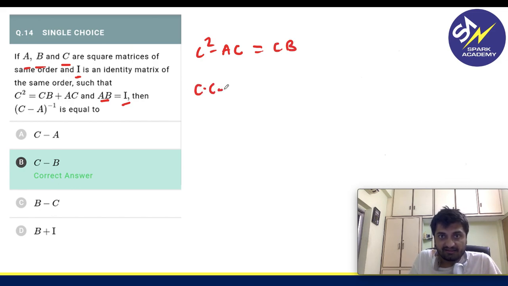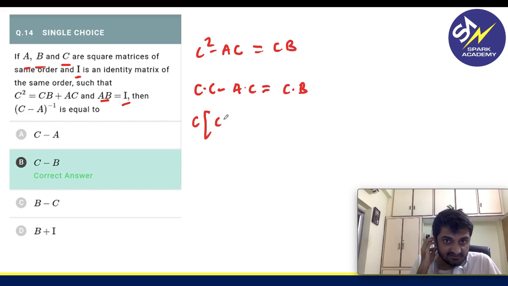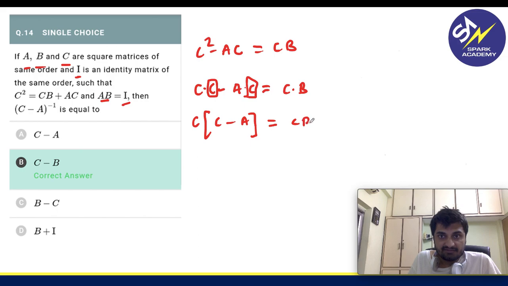Now C square I can write as C into C. This is A into C, right? Now I can take C common. I can write it as C minus A, right? That is equal to CB. And AB equals I, they said.